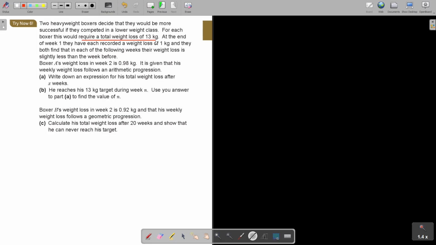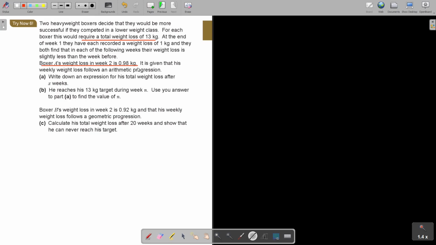At the end of week 1, they have each recorded a weight loss of 1 kilogram, and they both find that in each of the following weeks, their weight loss is slightly less than the week before. I'd rather highlight it for you. So boxer A's weight loss in week 2 is 0.98.